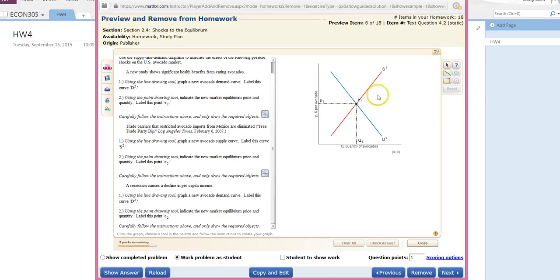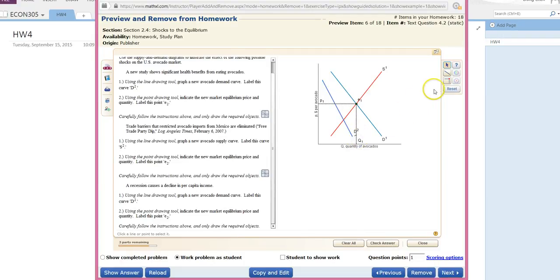With the line drawing tool, I'm drawing this line here. First point, that's the new demand curve, and then the second point. Again, I'm drawing a very liberal, very flexible new demand curve, D2.